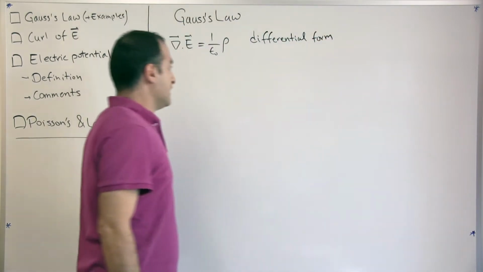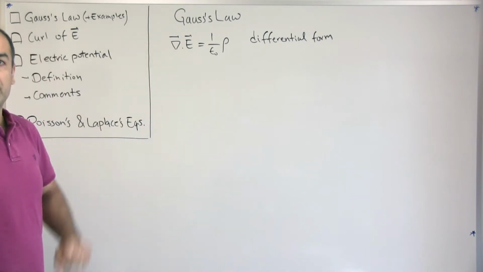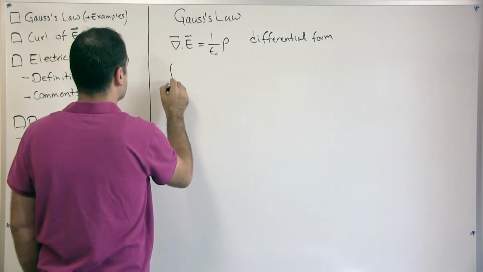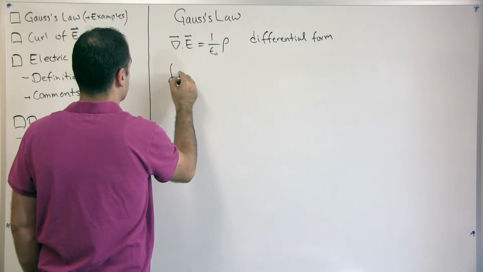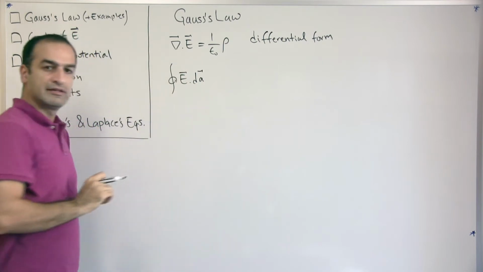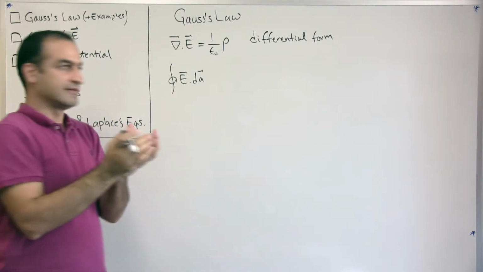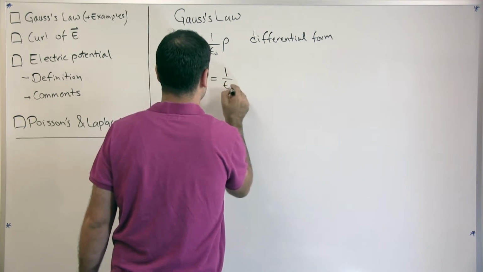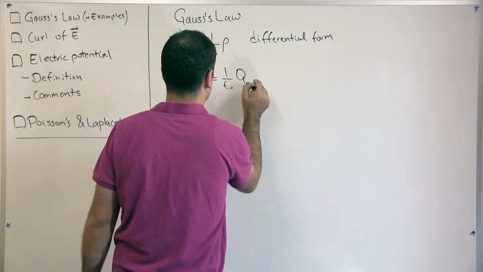Okay, the integral form you might be even more familiar with is if we do the integral of E dot dA, meaning integrating electric field on a closed surface, that integral should be equal to 1 over epsilon 0 times Q enclosed.